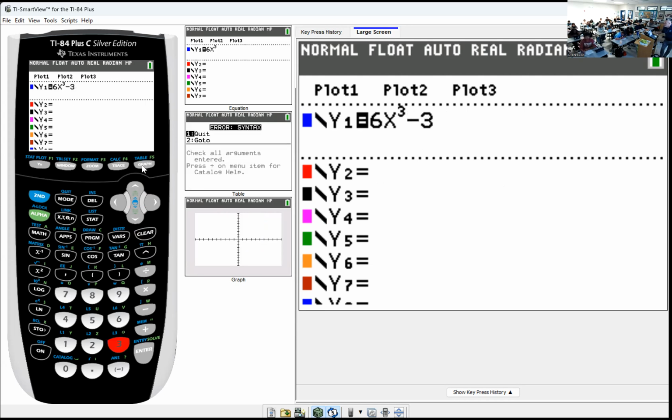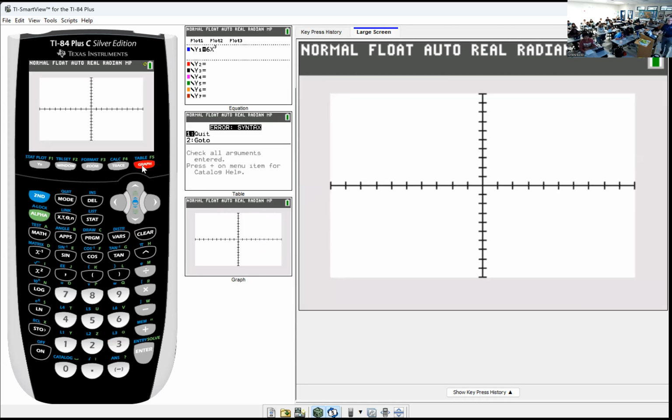That looks good. If I graph that, it should be some cubic function. That's 3 units below. Yeah, that looks right. Now, this looks nothing like what I started with, does it? Other than the fact that it's still cubic. That's about all. So let's graph this one.